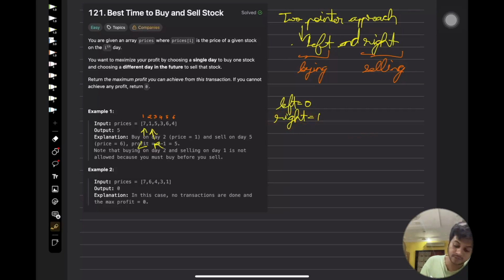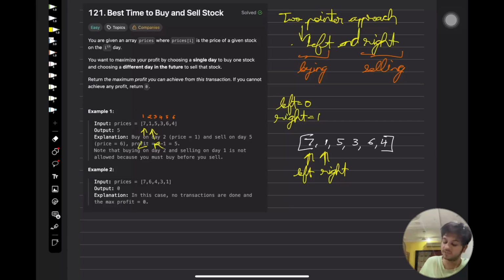So let me just write down the array which I have: 7, 1, 5, 3, 6, 4. So what I am planning to do is to keep left over here and right over here for the first time.